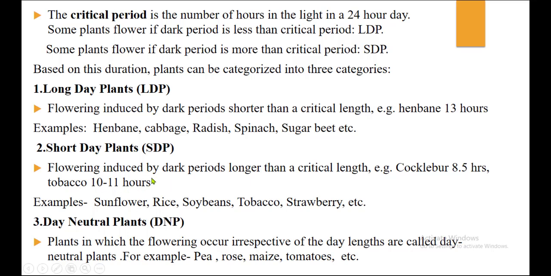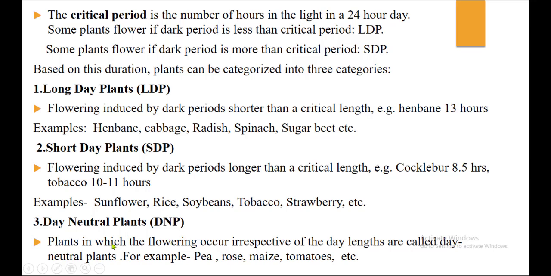It should be 12 hours, it should be 13 hours. So the critical length is different for different species. Examples of short day plants are sunflower, rice, soybean, tobacco, strawberry, etc.